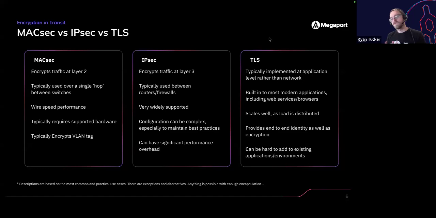So TLS is the type of encryption that's used by HTTPS. So it's sometimes also referred to as SSL. It's a little bit different in that it typically is implemented at the application level rather than at the network level. So usually the client side for TLS will be something like a web browser or some client software on the actual end user's machine, as opposed to two network devices.